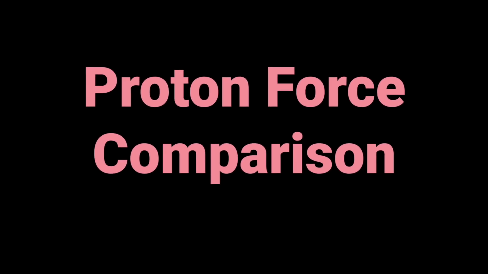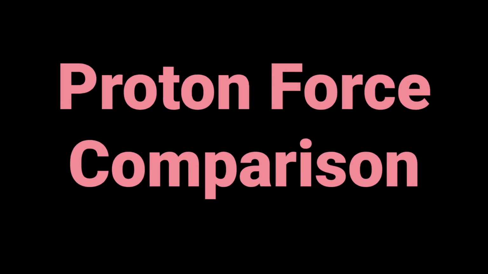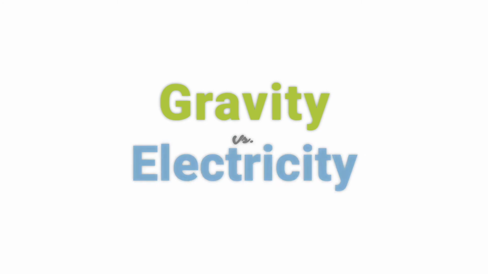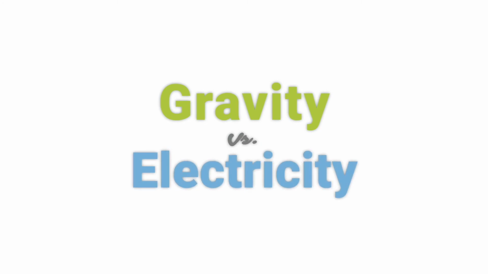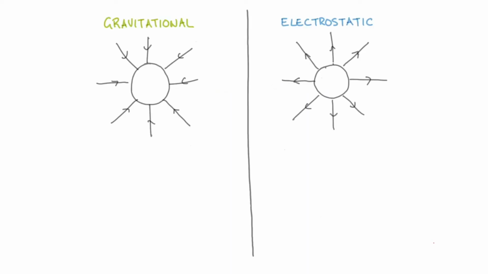Okay, in this next example, we are going to do a proton force comparison. So what we're going to do is it's going to be gravity versus electricity. So the gravity between two protons at a distance of 1 meter versus the electrostatic force separated by 1 meter.